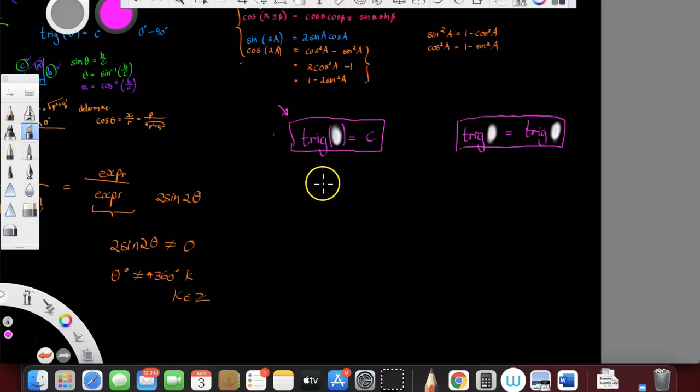Once you're here, you get your reference angle. Always, it doesn't matter which way you go.